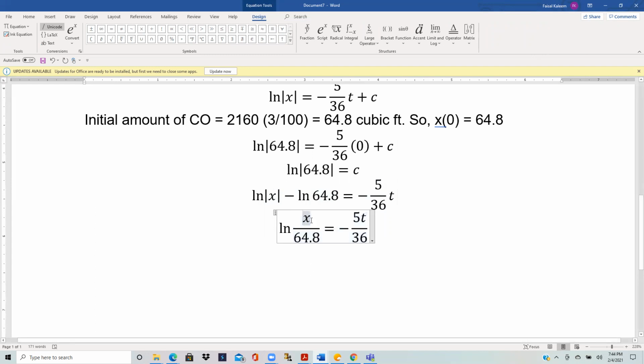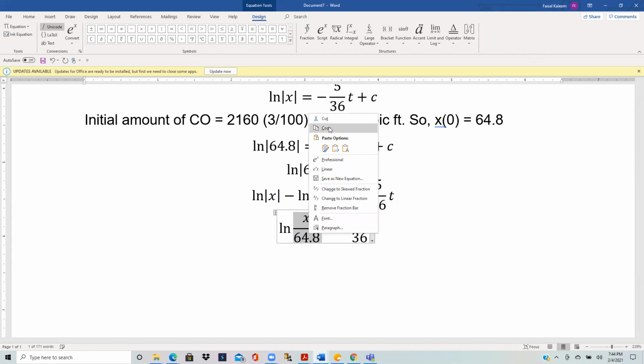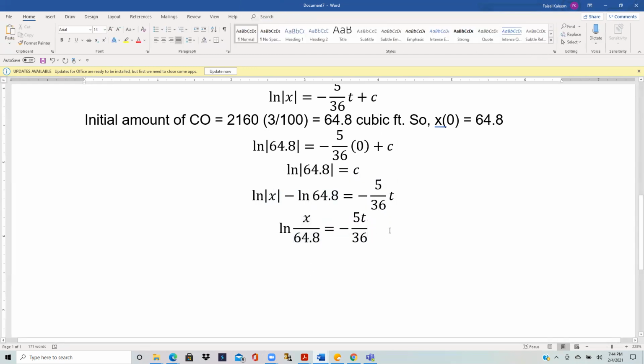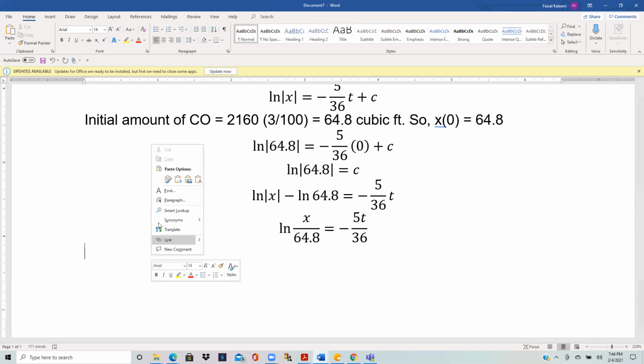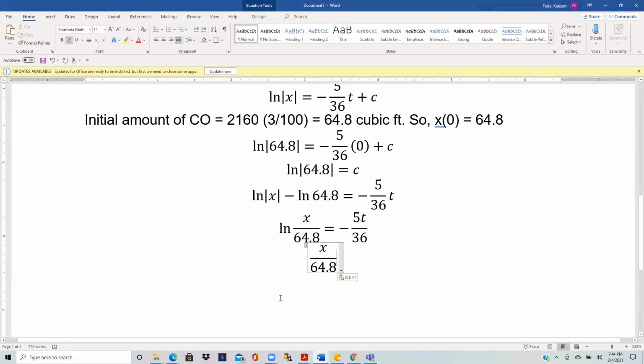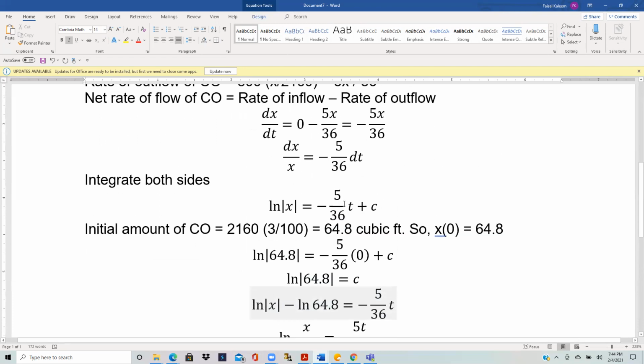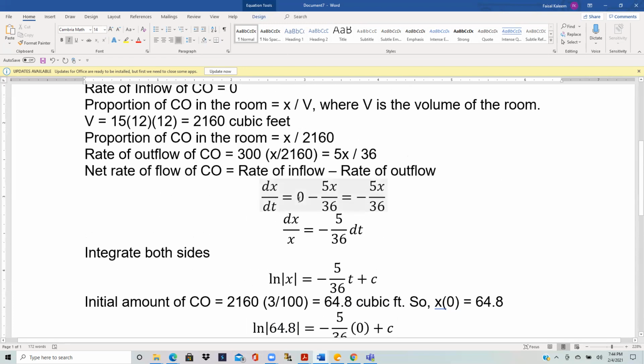So x over 64.8. This gives you a taste of the fact that even for a very simple separable equation, if you have to solve it for the dependent variable, it gets very messy. And this one was so much easier because this part was 0 and this was just a straightforward expression, even a constant.